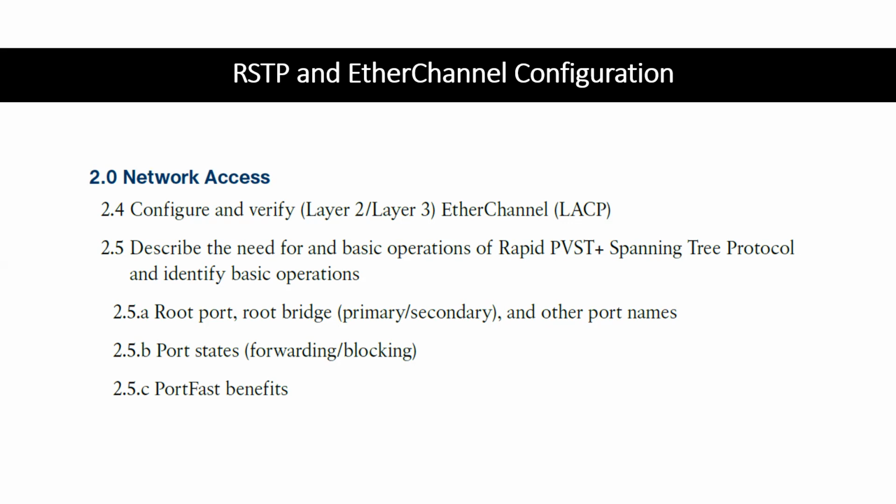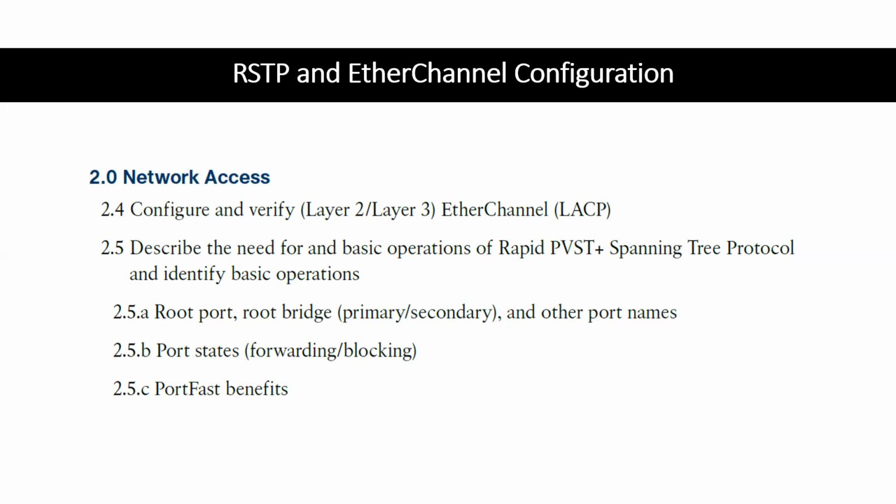One is to configure and verify layer 2 and layer 3 Etherchannel, and of course, we're going to talk about LACP. Another is to describe the need for and basic operations of Rapid Spanning Tree: Per VLAN Spanning Tree, which is what PVST means, so Rapid PVST+, and the Spanning Tree Protocol, and identify basic operations.